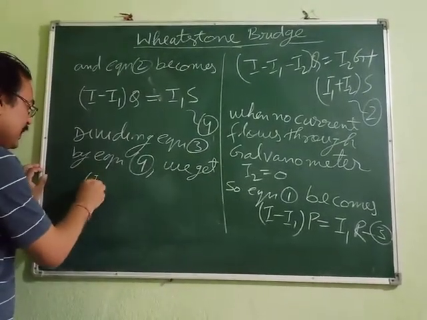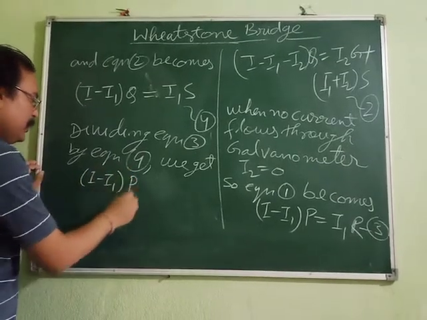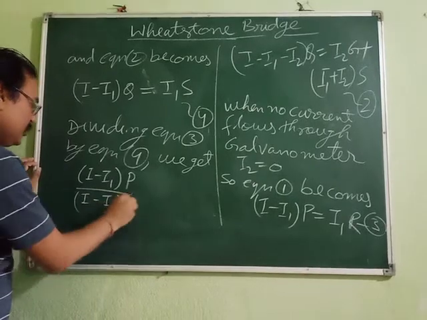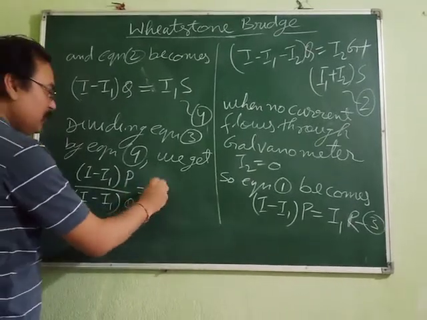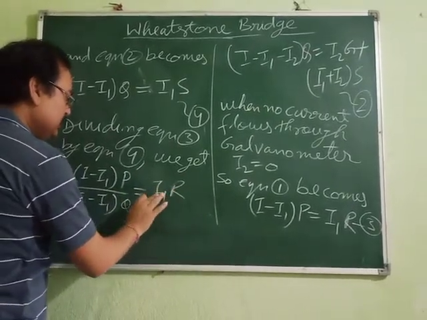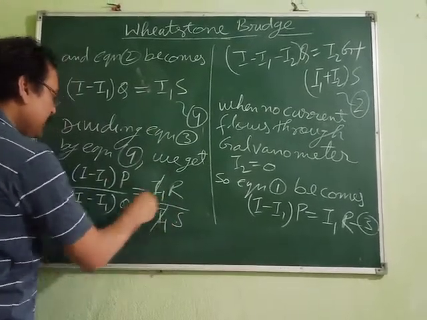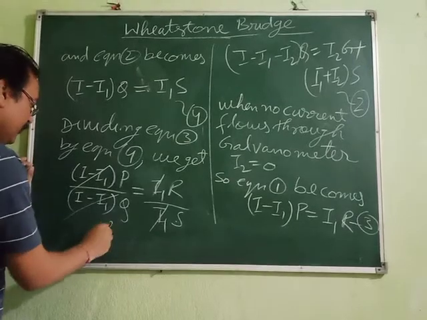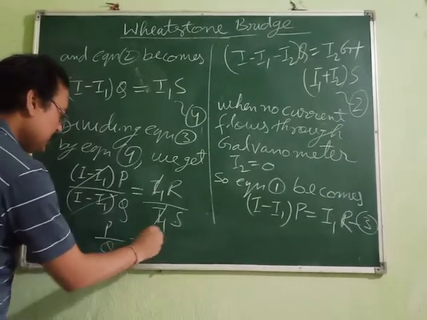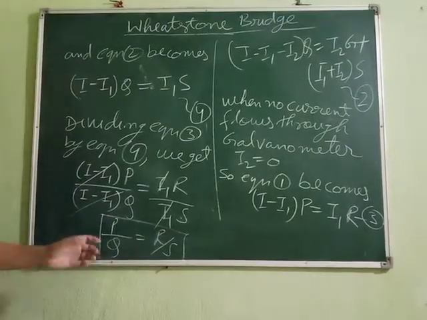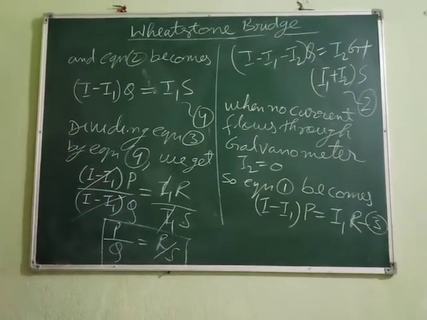Equation 3 is I minus I1 into P equal to I1 into R. Equation 4 is I minus I1 into Q equal to I1 into S. I minus I1 will cancel out, and I1 will cancel out. We are having P by Q is equal to R by S. This is the proof of the Wheatstone bridge.